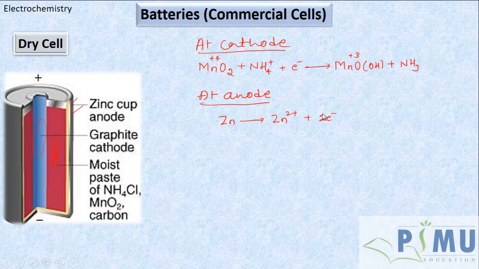The Zn2+ produced combines with NH3 liberated in the cathodic reaction to form tetraamminezinc(II) cation. Zn2+ plus 4 NH3 gives [Zn(NH3)4]2+.